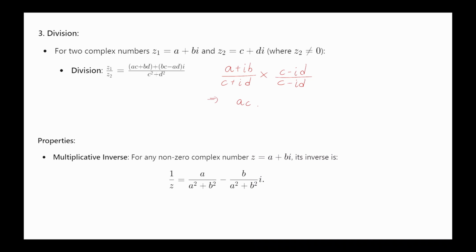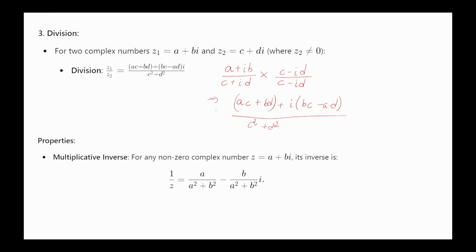This would become ac plus bd, and plus for iota I am going to have bc minus ad. And in the denominator, what am I going to have? c square minus iota square d square, and iota square is minus 1, so it would become c square plus d square. So this is how I remove complex numbers from my denominator, and this is what I'm getting.